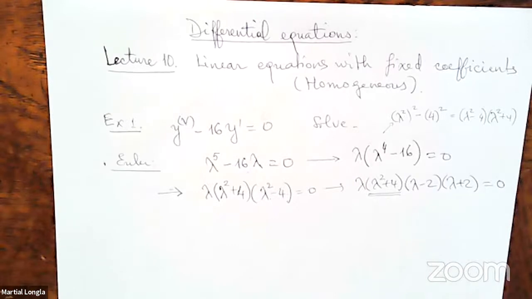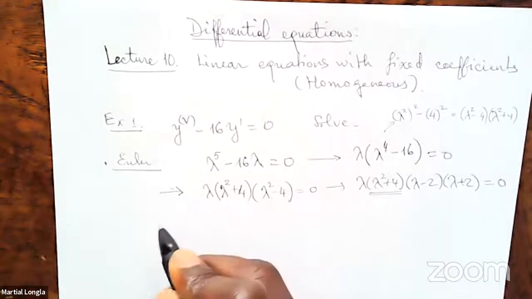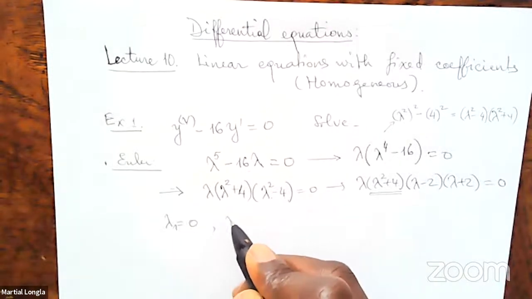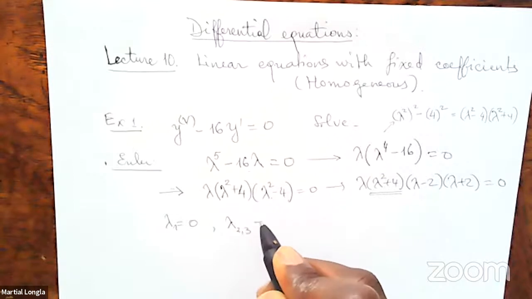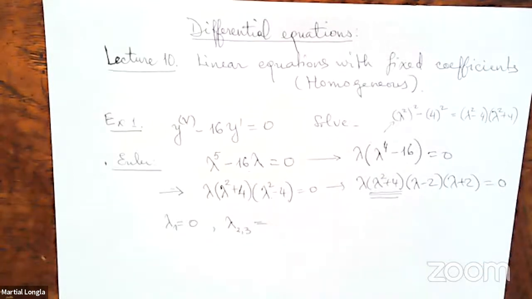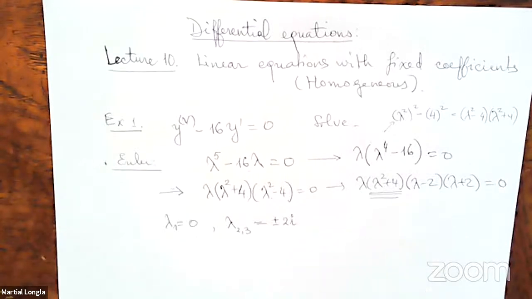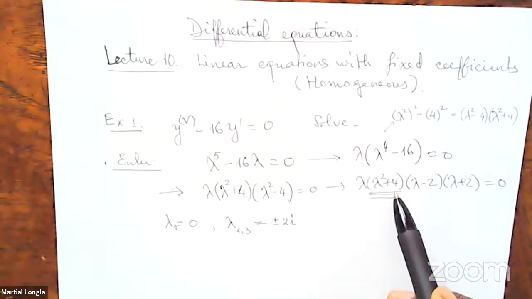Okay. So when you get lambda squared plus 4, then you know you're going to have complex conjugate numbers there because that plus 4 is going to bring in i. And so here, the first one is lambda 1 equals 0. Lambda 2, 3 for this pair is going to be plus minus 2i, because when I solve this equals 0, I get lambda squared equal minus 4.